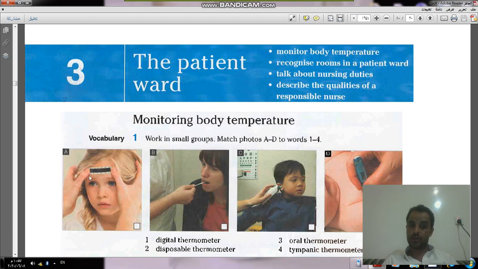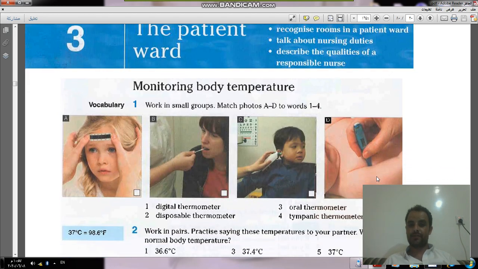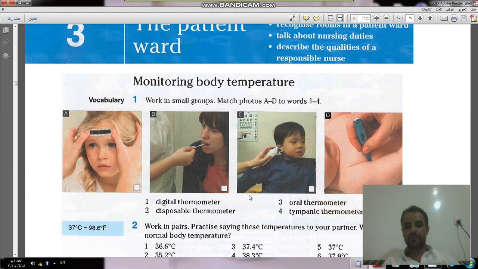What do you see in picture A? What is this in B? And what is this in C? And also D? Here we have vocabs. Try to translate them before you start studying. It is on page number 20 in your book.